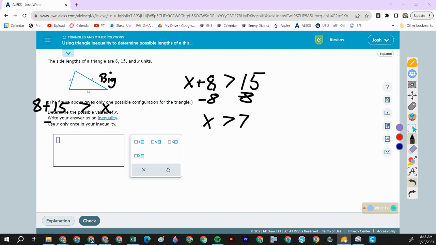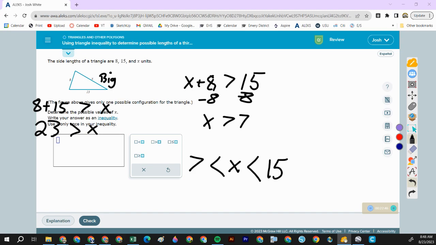So we solve this. Oh, no, we don't even need to solve it. 23 is greater than x. So we just found out that 7 has to be smaller than x, which has to be smaller than 23. If x is 7 or smaller, then that x side is too short to create a triangle.